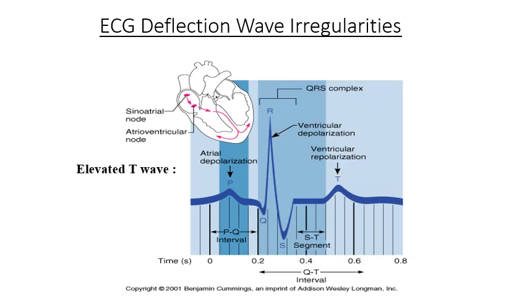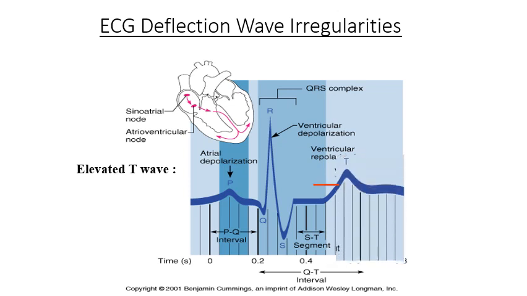Now, what about the elevated T wave? This is normal, and this is an elevated T wave. The amplitude is more, elevated above the isoelectric line than normal. So this is normal, and this is higher than it should be. What does that mean?